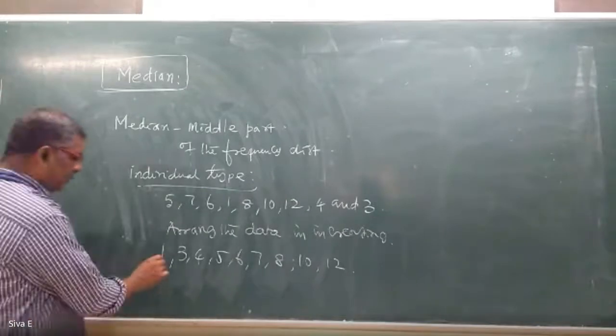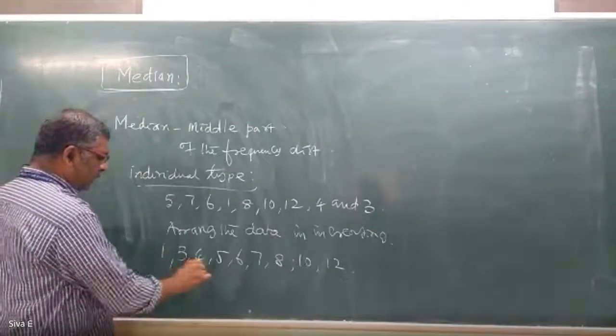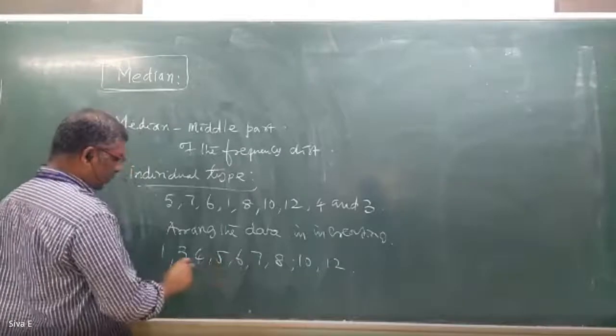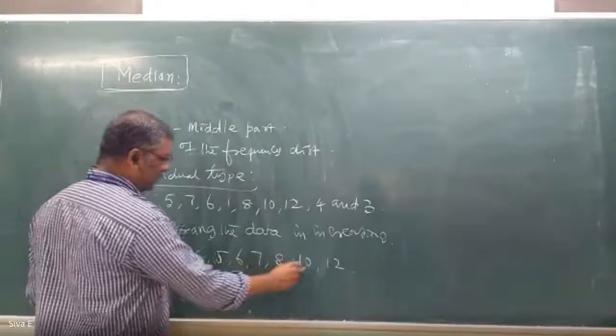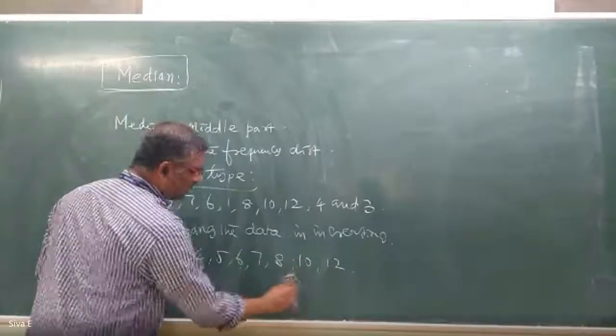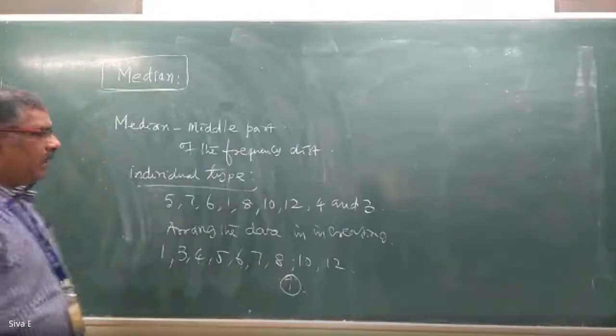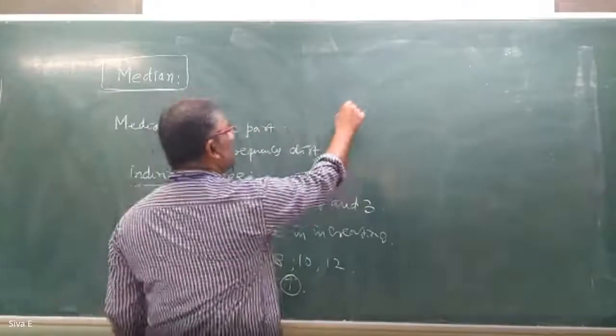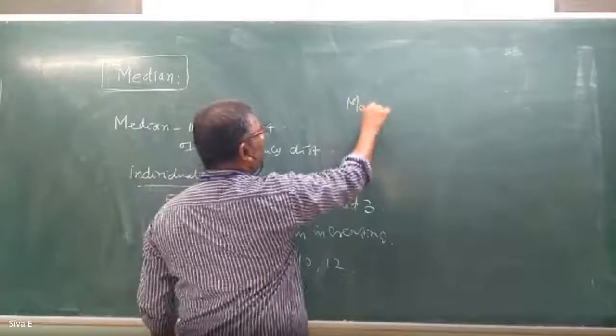How many data are there? 1, 2, 3, 4, 5, 6, 7, 8, 9. Nine data are there.